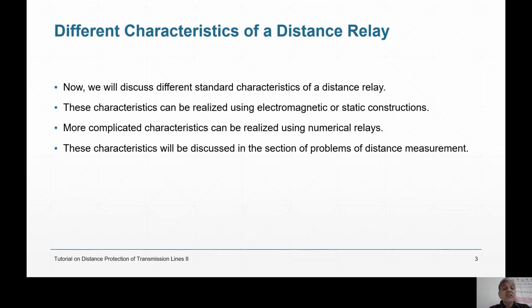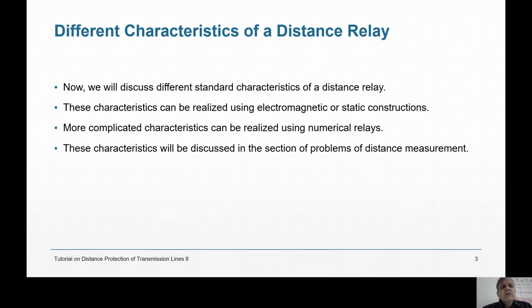Because we say that the distance relay measures the distance from relaying point to fault point, but it is not really doing so. It is creating many problems while doing so, and many of the problems can be solved by the use of modern numerical relays. So those we will see while discussing the problems of distance protection.